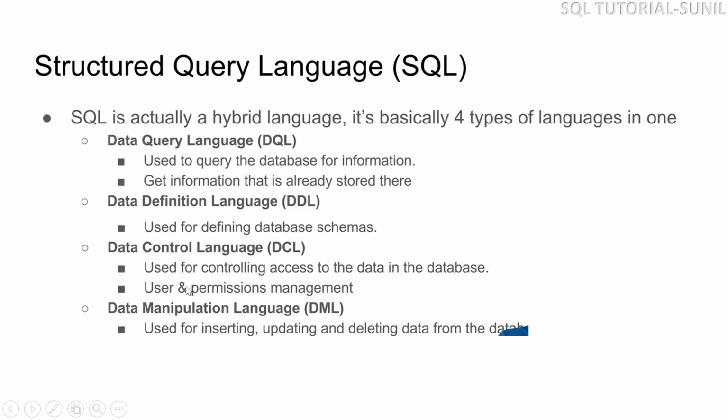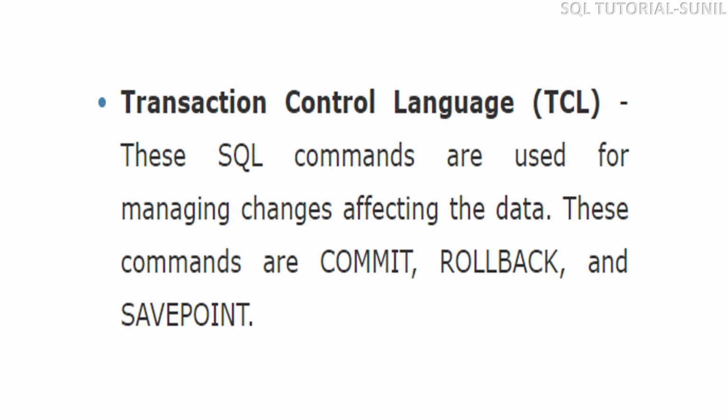And some others also say there is another language called TCL. That is also part of this, but many will say these four are the SQL languages. That is not included here, but those operations can also be performed by SQL. It is called transaction control language, which performs two things, commit and rollback. What is commit and what is rollback?